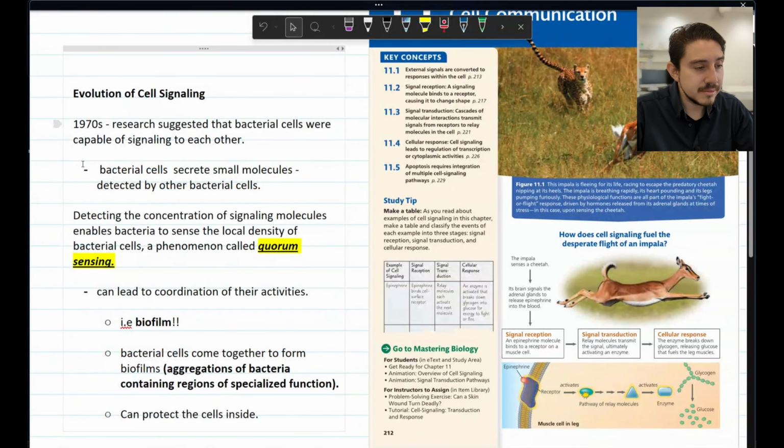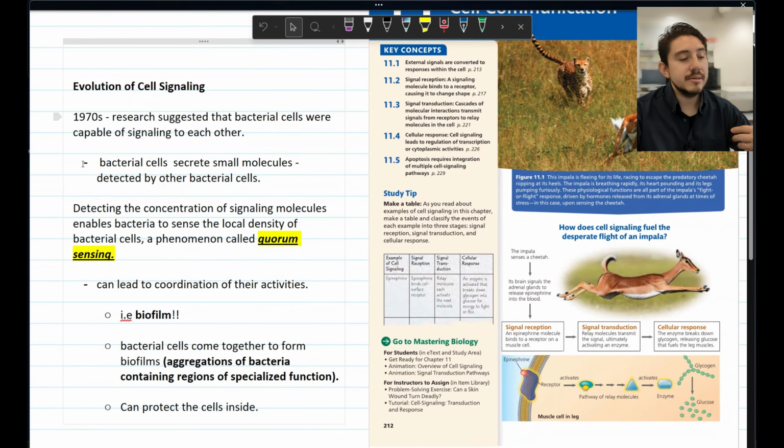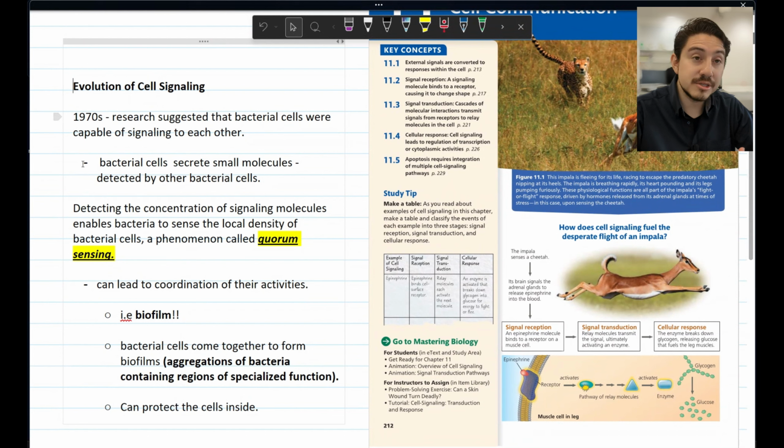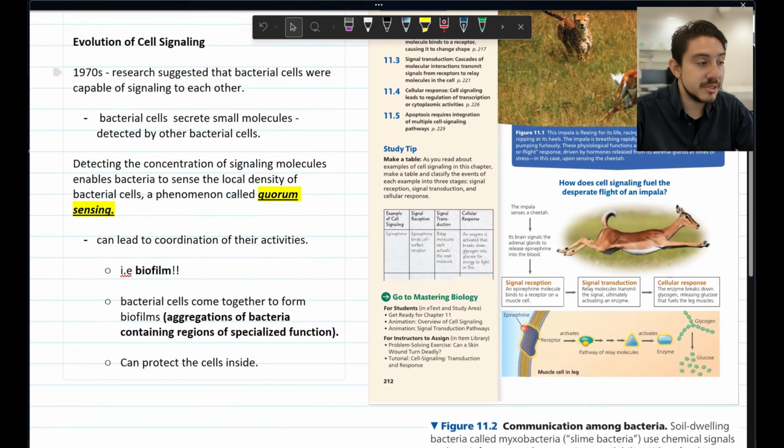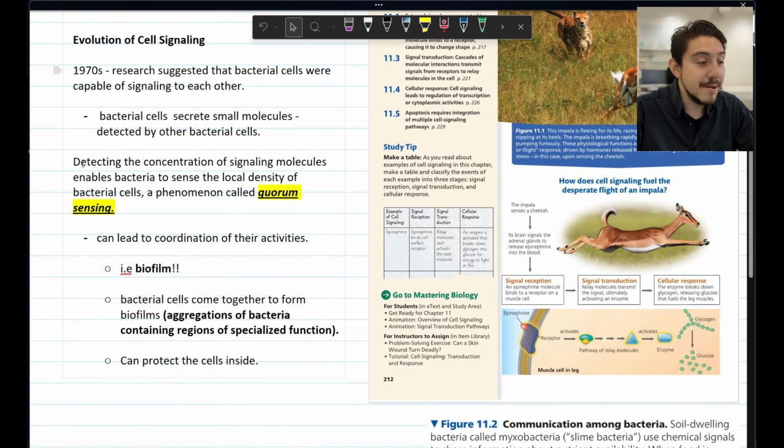Evolution of signaling. The book begins by talking about how signaling can be seen even in simple organisms. One of these, of course, being bacteria, and research done in the 1970s showed that even bacterial cells can signal to each other.